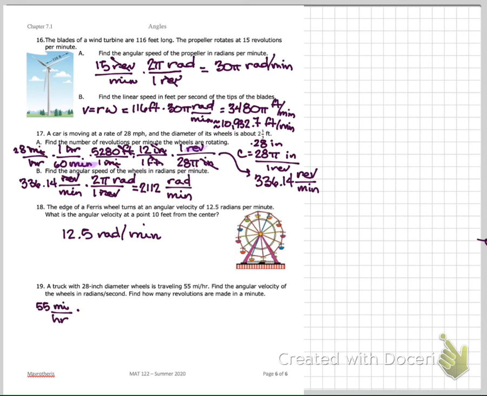So I need to get rid of hours. I need to eliminate the minutes. So my hours cancel, my minutes cancel.